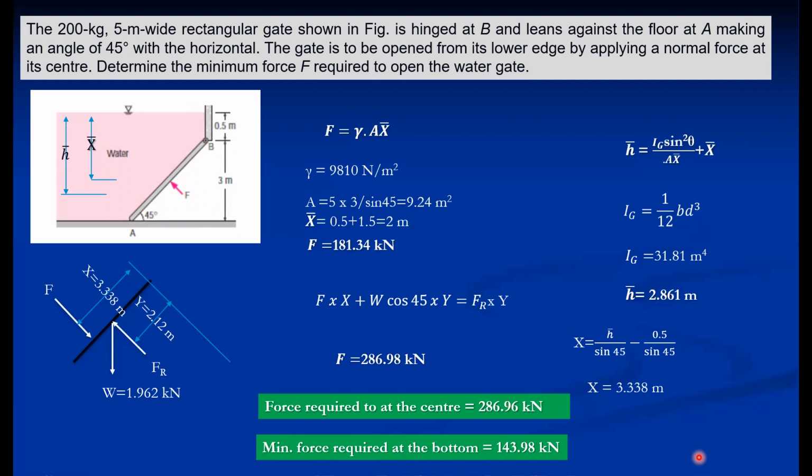Even in the construction of the dam wall, these principles are used. That's why the dam thickness is highest at the bottom, and as we go up, this thickness decreases, so that it can sustain that particular force, because the pressure at the bottom is maximum.